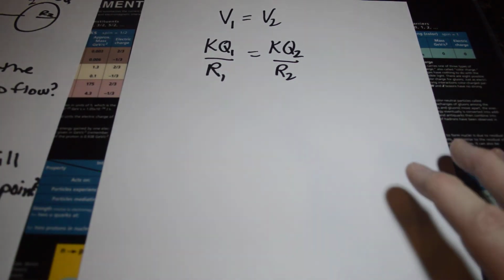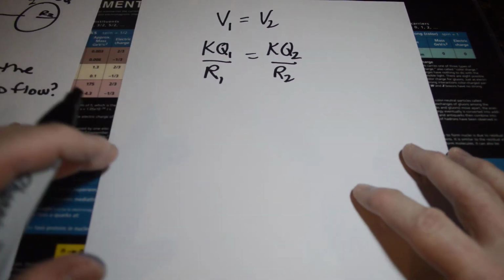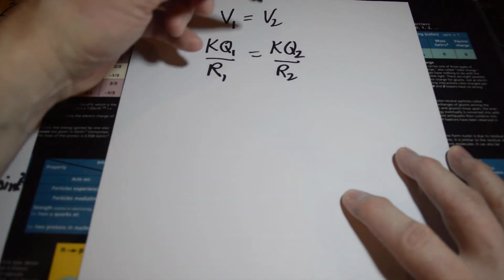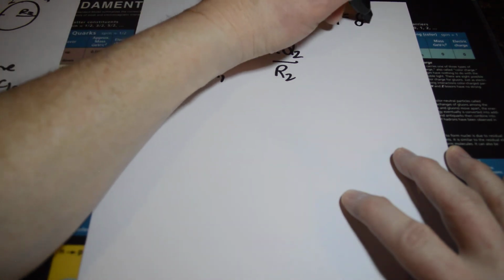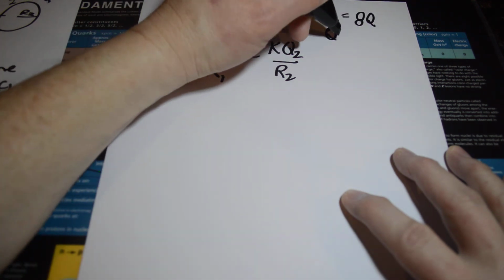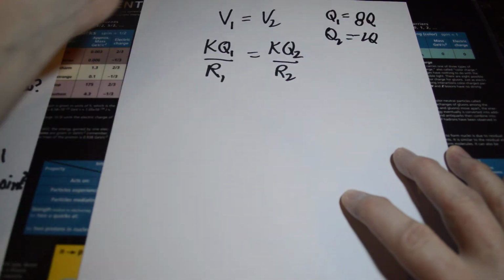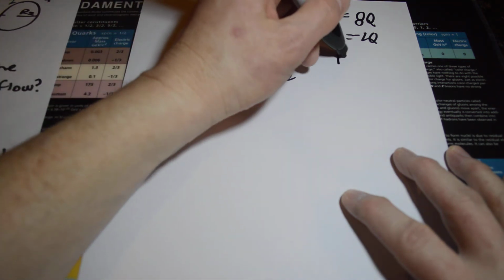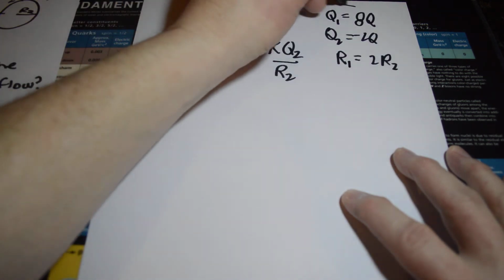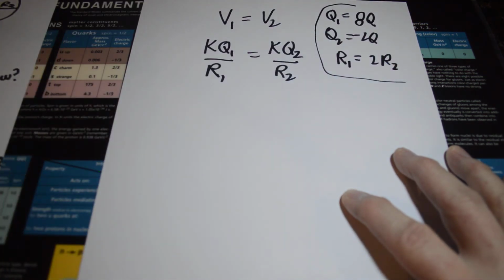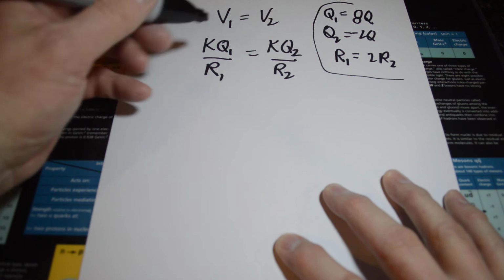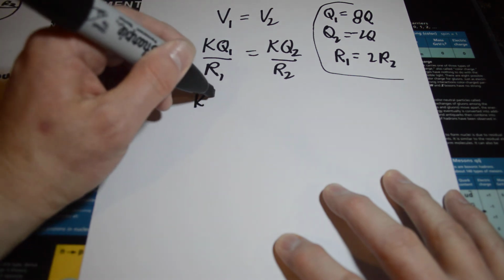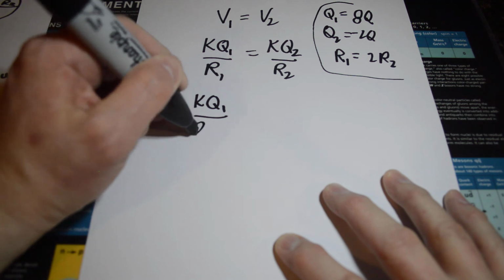And the question is, how are we going to solve for that? Because we can write a couple things down. We know that Q1 equals 8Q, and Q2 originally was negative 2Q. And R1 is twice the size of R2. Those were our initial conditions. So let's plug in that R1 is twice R2.